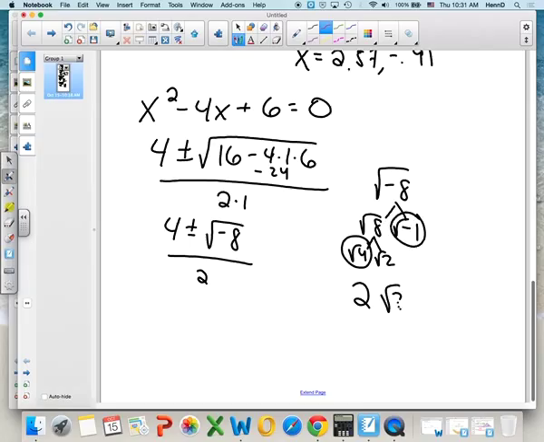It's i. Okay, there you go. So it's 2i radical 2. Sometimes that works. It works on laptops too. So you got the square root of negative 8 is 2i radical 2.